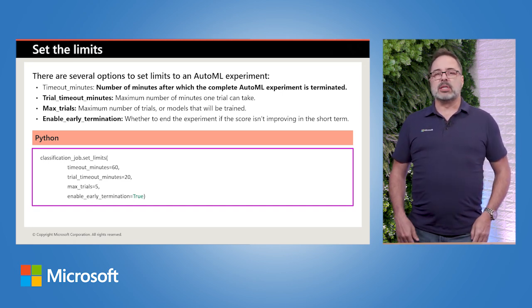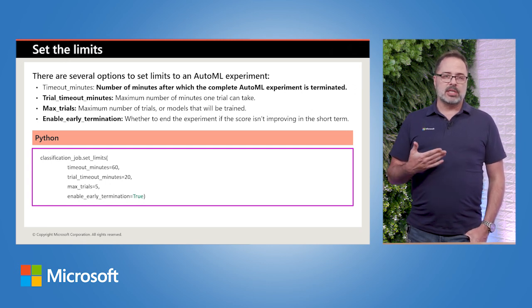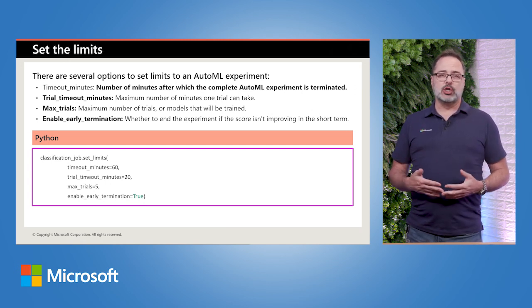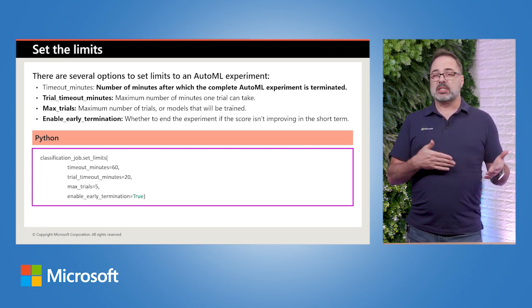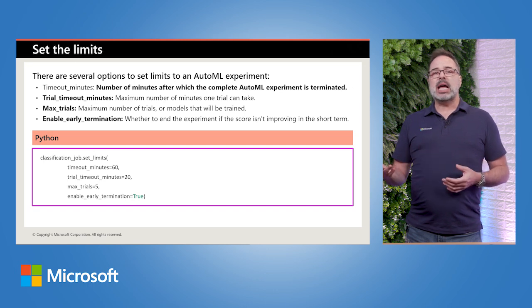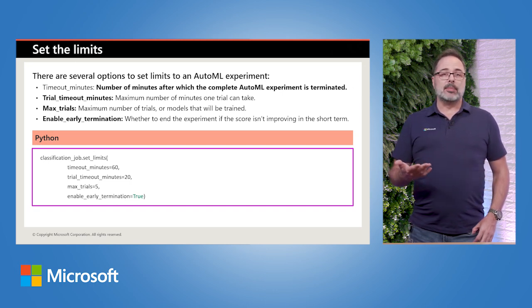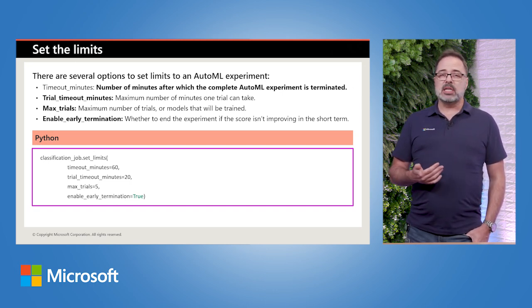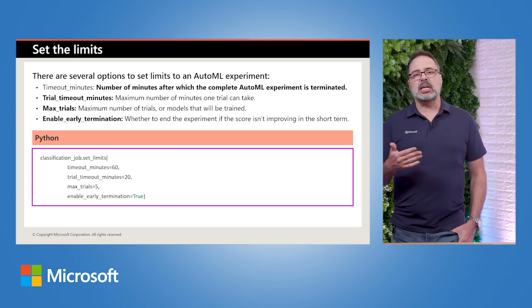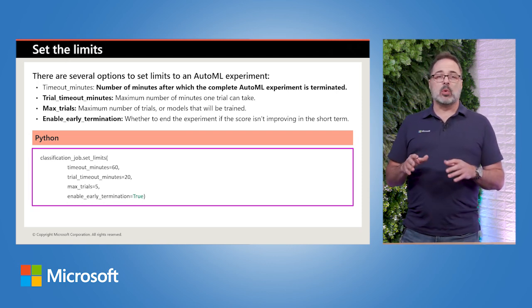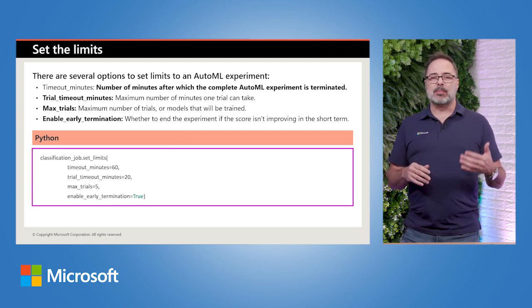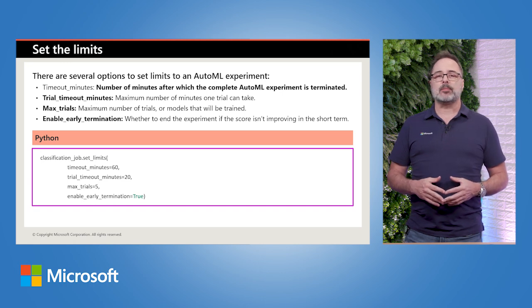In this example, we're using the set_limits function to set the parameters of the classification job that we specified on the previous slide, and we're setting the timeout minutes that the job will be limited to, which in this case is being set to 60 minutes. We're also setting the trial timeout minutes to be 20, which restricts the maximum number of minutes that a single trial will take.